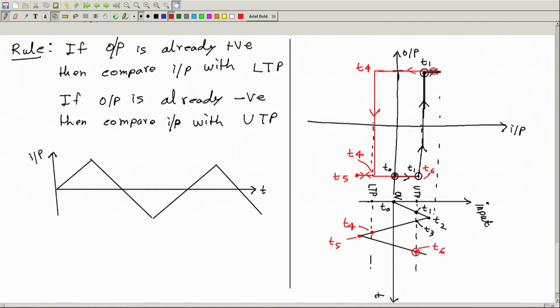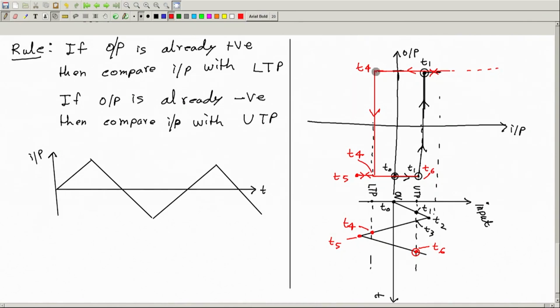Then input can increase as much as you want, but the output will not change. Then you decrease the input, output will not change. You decrease it up to this, no problem, output will remain positive. You bring it to 0, output still remains positive, but you make it sufficiently negative, below the lower trigger point.